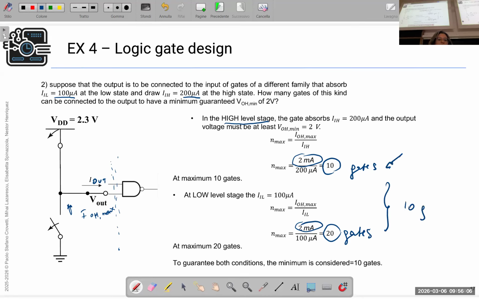So 10 gates is the maximum number of gates that we can apply to the output. Fine. Any question? Always take the minimum condition, because if we put 20 at the high level, the condition is not respected.